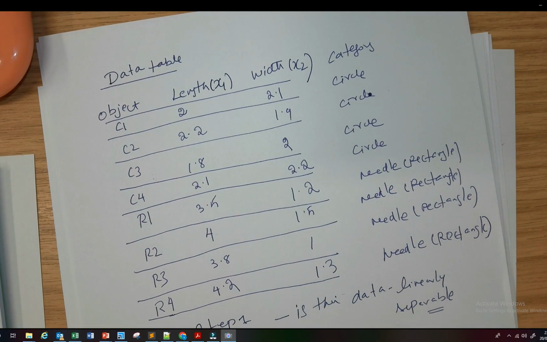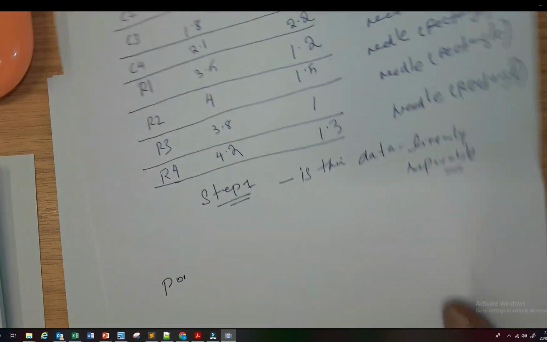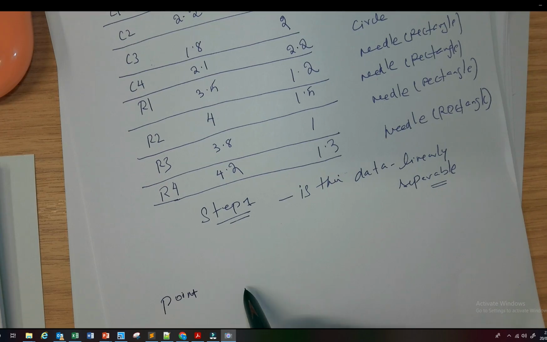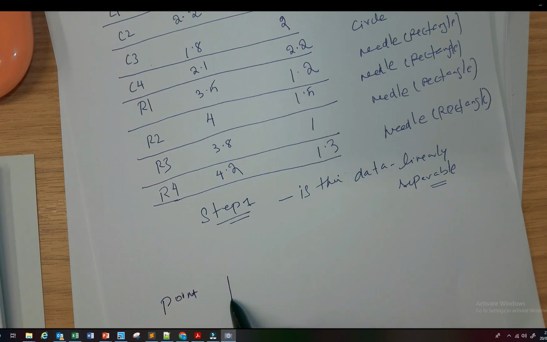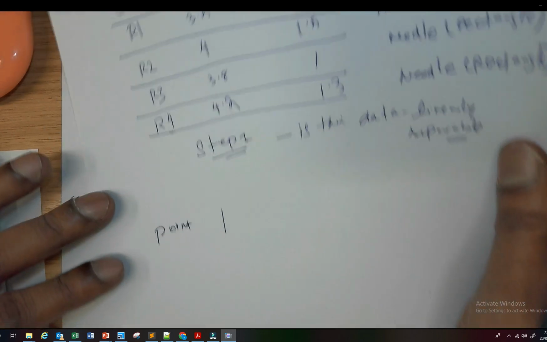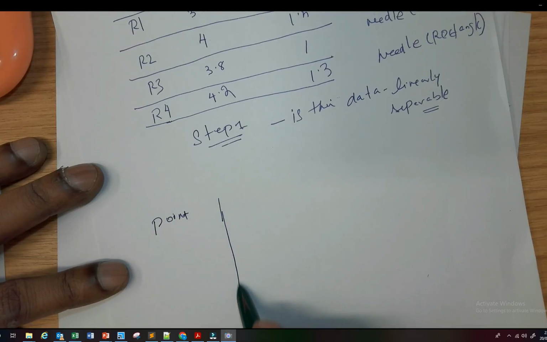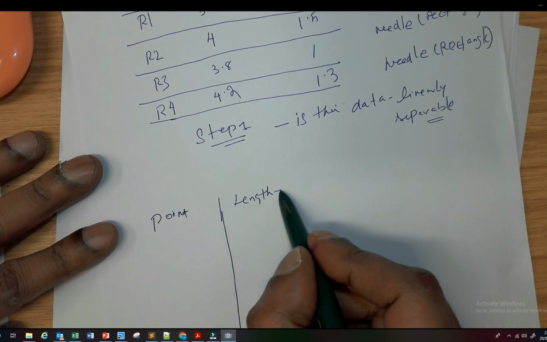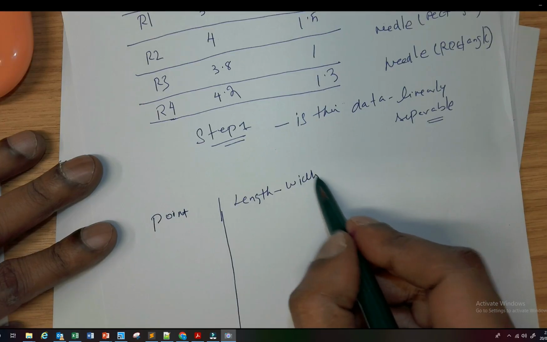For each data point, we are going to calculate length minus width.